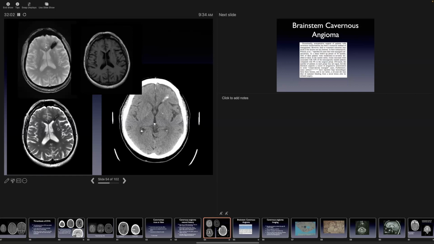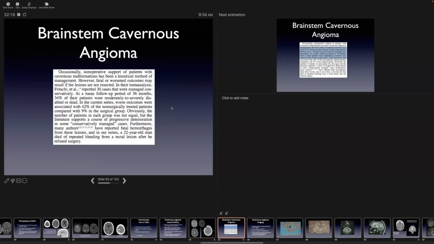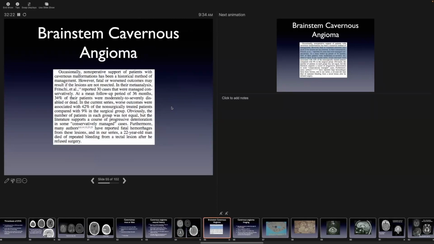And remember that usually on the T2 weighted scan, they have this very typical appearance of this dark hemosiderin ring. They may have T1 shortening on the T1 weighted imaging, and always have this susceptibility effect once they get to this size. Now, brainstem cavernomas are a little different.